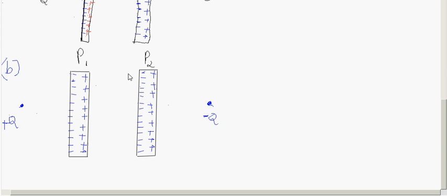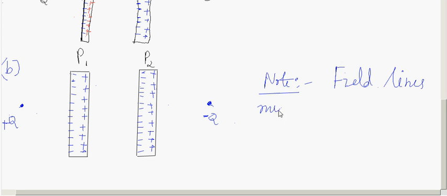A uniform electric field will be set up between these two plates P1 and P2. Remember, field lines must be perpendicular to the plates. So note, last class we have seen the field lines are perpendicular to the conductor. So field lines must be perpendicular to the plates.